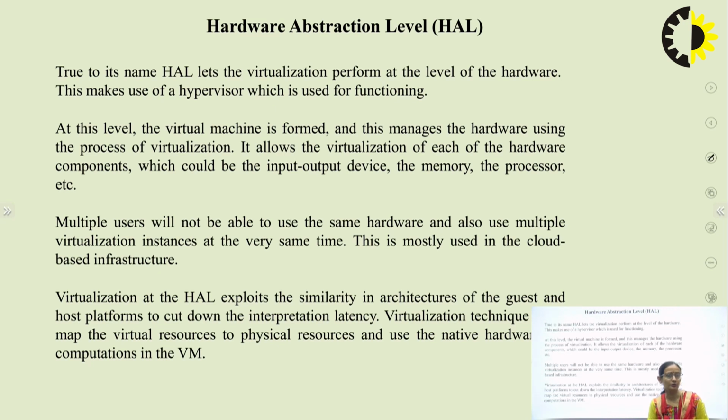It allows the virtualization of each of the hardware components, and these could be your input-output devices, memory, processor, etc. Multiple users will not be able to use the same hardware and also use multiple virtualization instances at the very same time. This is mostly used in cloud-based infrastructure. Virtualization at the HAL exploits the similarity in architecture of the guest and host platforms to cut down the interpretation latency.